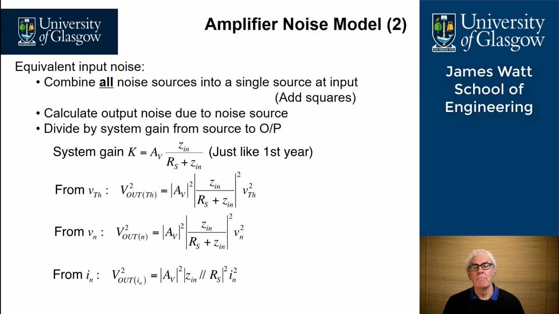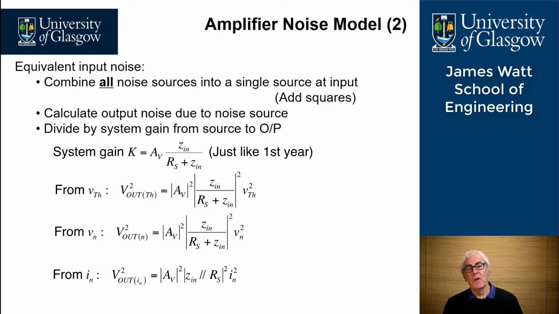So let's look at the amplifier noise model in more detail. We want to generate a single noise source, which is a combination of all the noise sources, and it makes the calculations easier. So we will take the squares of all the voltages or currents and the effect of the currents and add them together to form one input referred noise source.